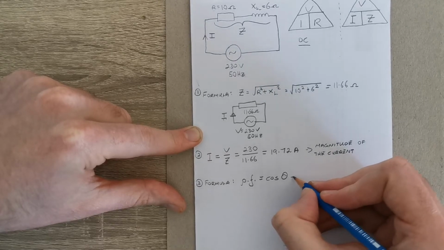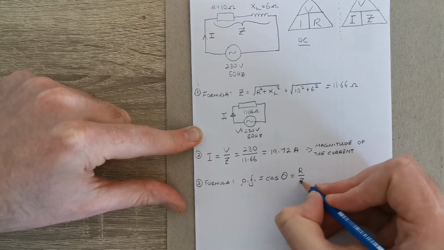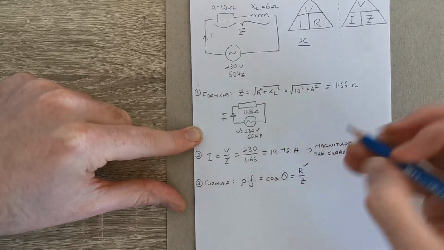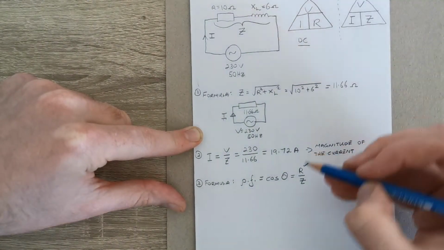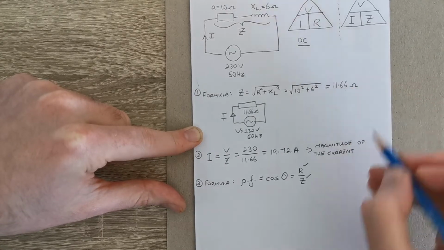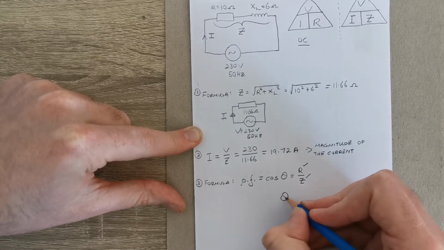And you'll also see that this is equal to, in a series circuit, R over Z. We have the value of R from the very start, and we have the value of Z now because we worked it out, so we can work out theta.